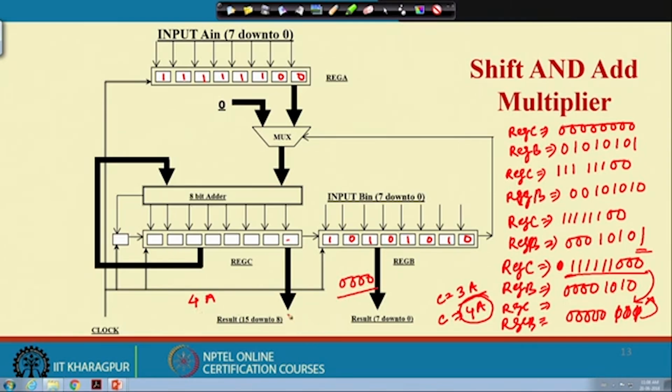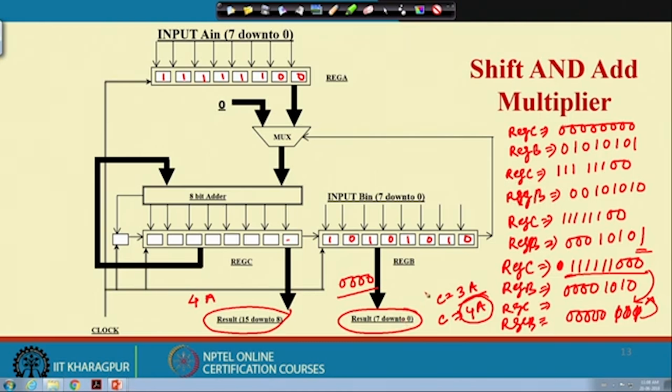Okay. So, now the result, whatever is the remainder over here, that is the result bits 15 down to 8, and the result which is remaining over here is bits 7 down to 0. That means what?